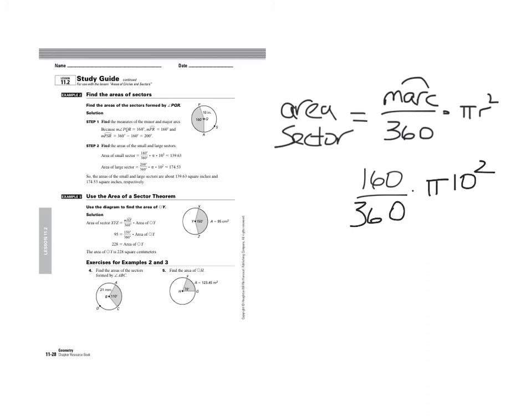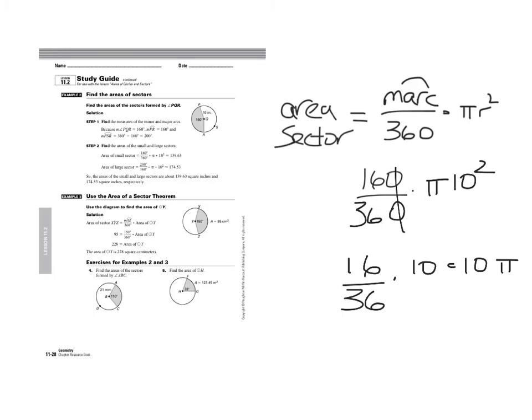If it's easier for you not to multiply that 10 squared and simplify first, you can do that. So I'm going to first cross off my zeros, and then I'm going to make it 16 over 36. Now I can either square the 10 and make it 100, or I can leave it apart as 10 times 10. And then I can start simplifying.